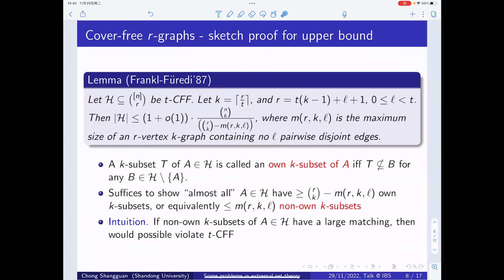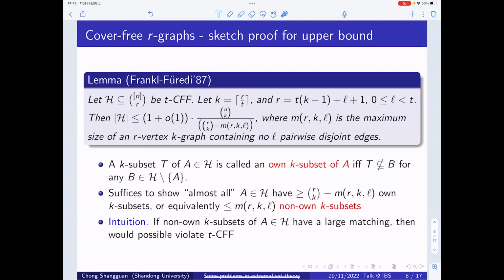So for ease of notation, let k denote the ceiling of r over t. An l is uniquely determined by r, t, and k. So this is not important. Our goal is to show that such an upper bound, if H is t-cover-free, then its size is upper bounded by n choose k over r choose k minus m(r, k, l). So Frankl and Füredi basically proved this bound by double counting.